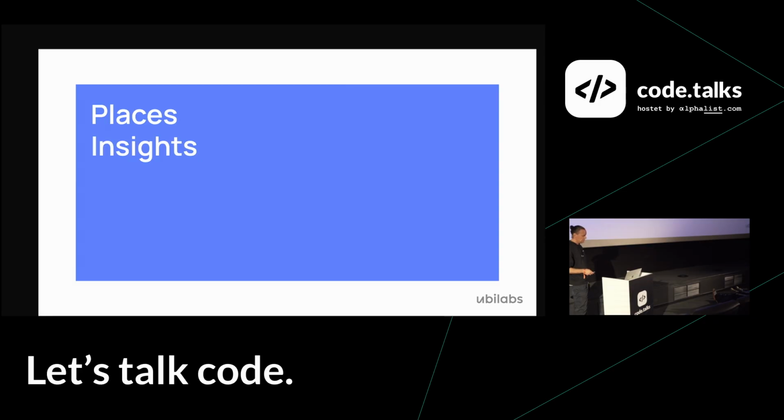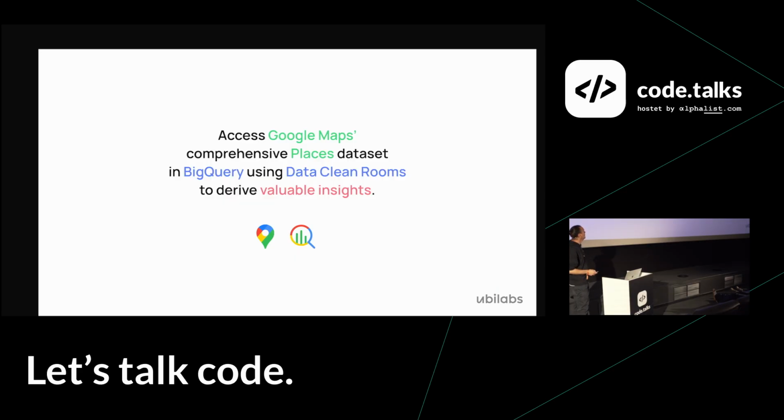And as I said in the beginning, for me, the biggest topic now is something that's called Places Insights. So this is the first time that Google makes the data accessible. You're not allowed to copy this data, first of all. They have more than 200 million places information. But what you can do is access the Google Maps places data set in BigQuery using data clean rooms to get insights.